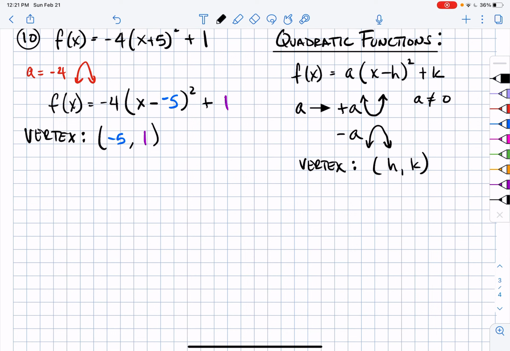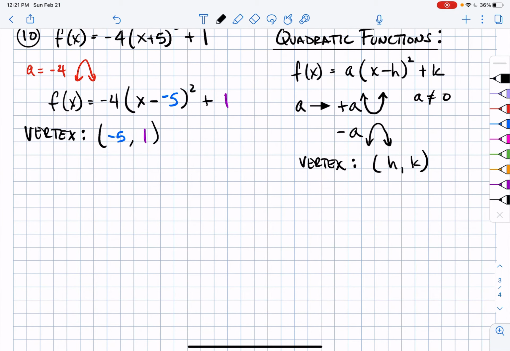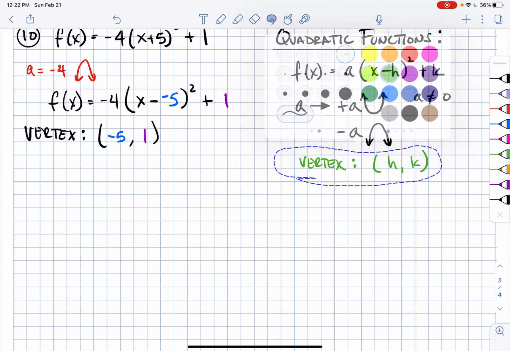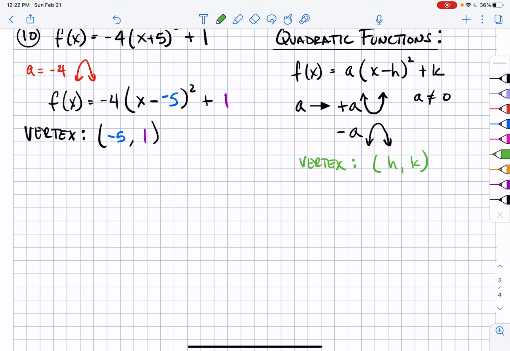And you're like, what's a vertex? That's probably a good question too, right? So on a parabola, the vertex, let me change this right here to a different color, like green. Okay, so the vertex would be your minimum or your maximum, right?